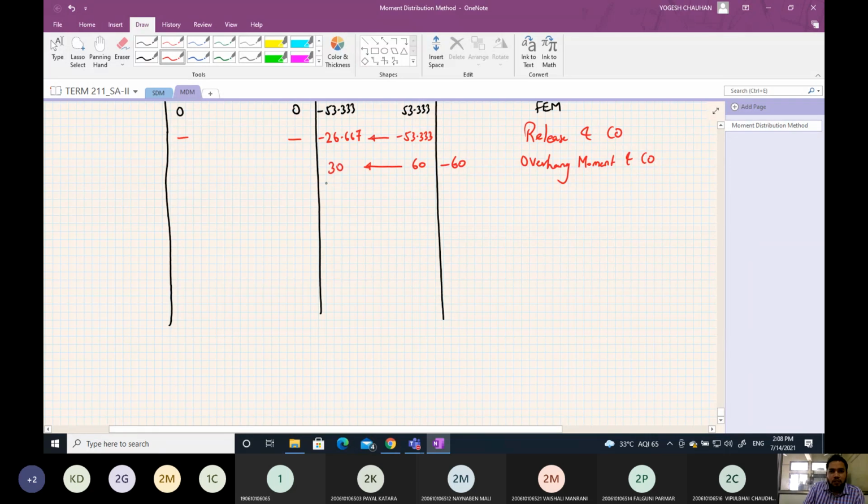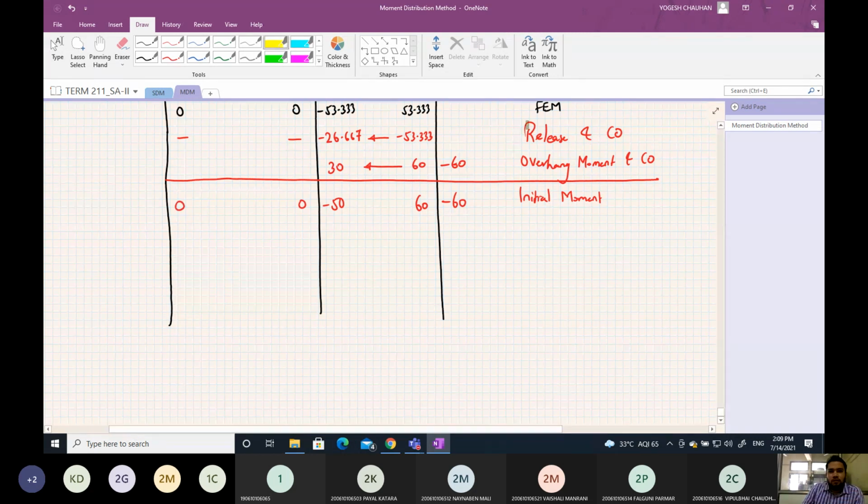So 30. Okay. So now your initial moment will be minus 60 on this side, this will be plus 60, and on this side it will be minus 53.333 minus 26.667 plus 30, so that is minus 50. So here it is minus 50, 0 here, 0 here. These are your initial moments.